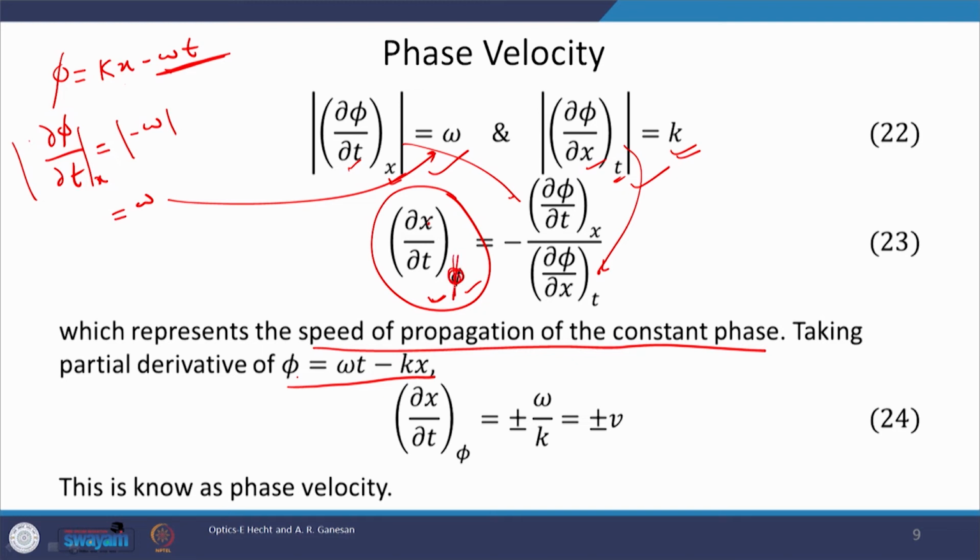If you treat phi as a constant and take the derivative of this phi with respect to time, then this term would be 0. Here you will get omega, and here you will get minus k, and from here you can calculate del x by del t at constant phi, which would be equal to plus minus omega by k, and this is defined as the velocity or phase velocity.